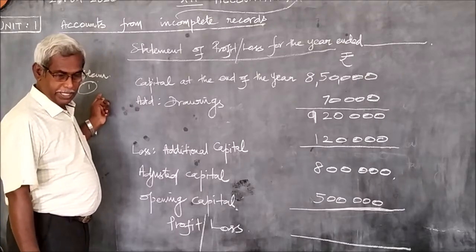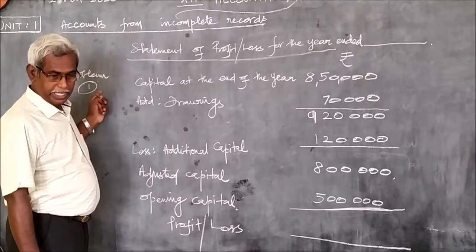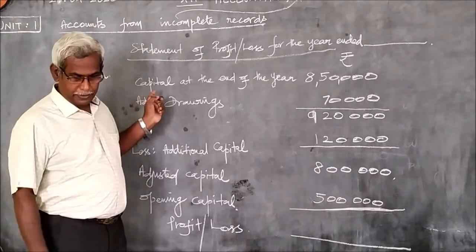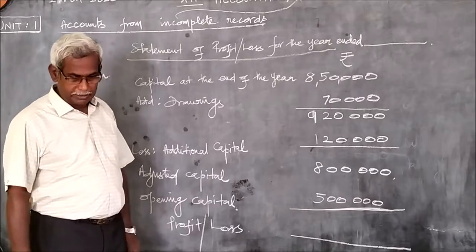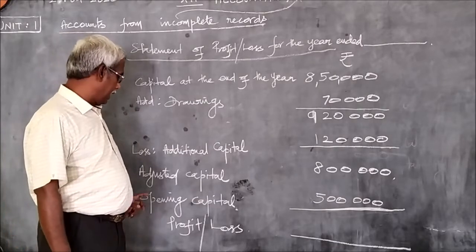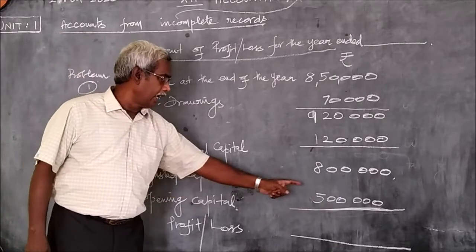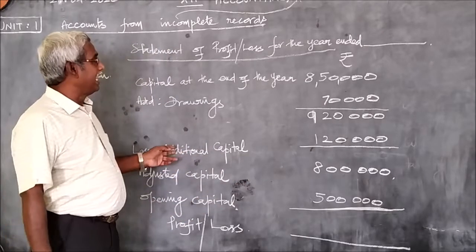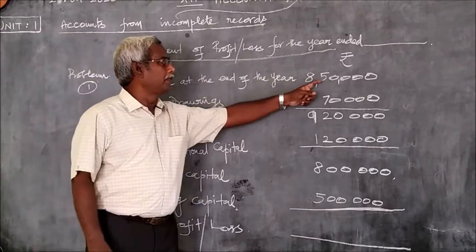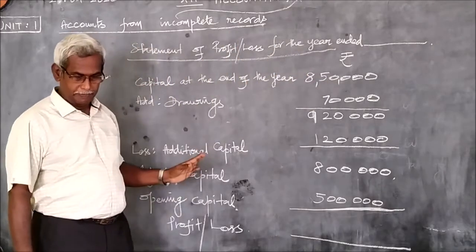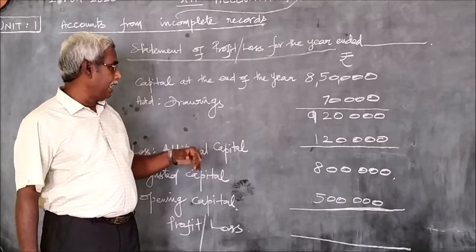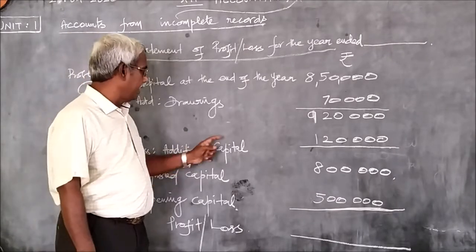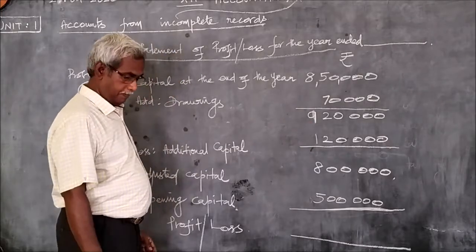Just to make you understand, I take problem number 1 from the textbook exercise. What is given there? The first one, the capital at the beginning of the year, that is opening capital, I have written. The next item, capital at the end of the year, 8,50,000. Then additional capital introduced, 1,20,000.